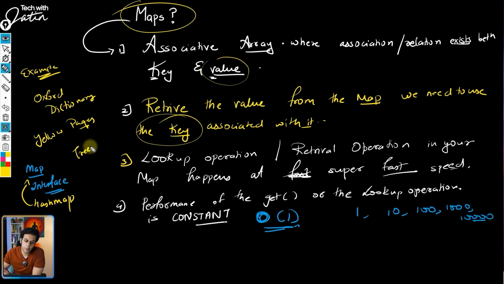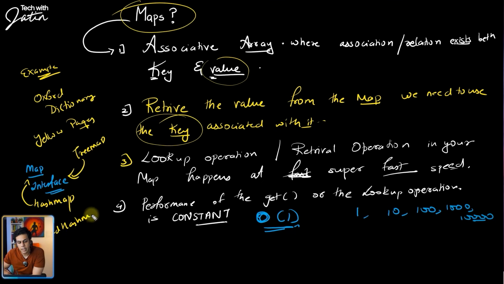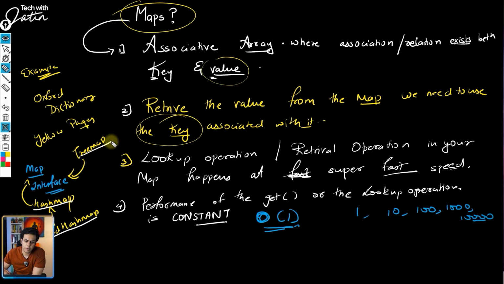Then you have your TreeMap, which implements your map interface. Then you have your LinkedHashMap class, which is actually a child class of your HashMap, which implements the map interface. You have seen these particular words somewhere: HashMap, LinkedHashMap, TreeMap, HashSet, LinkedHashSet, TreeSet.